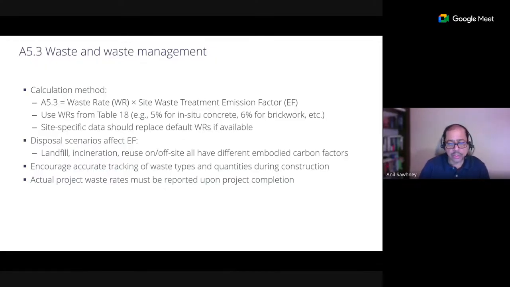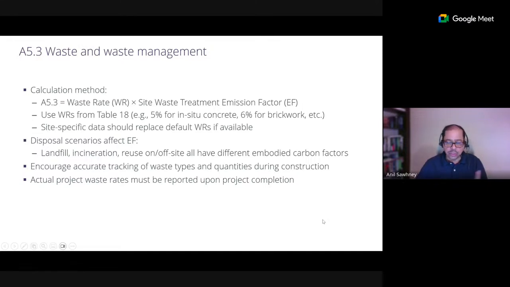You encourage accurate tracking of waste types, which probably connects to other enablers of decarbonization, such as lean principles. If you're using lean on your construction site, then you are always focused on reducing waste. And if there is waste, you track the waste type so that you can find the root cause and make improvements or changes. And then you have the actual project waste rates, which must be reported upon project completion.